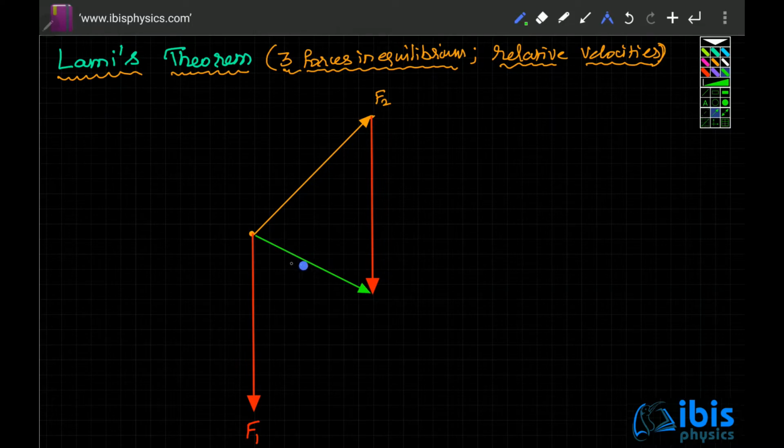Now in order to stop this object from moving, to keep it at rest, because of the effect of these two forces, you have to apply a force which is exactly equal to this resultant force but in the opposite direction. So let us do the same.